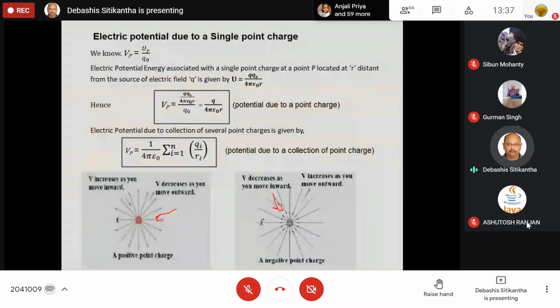That means if I have a point P at this point and another one Q over here, naturally P is going to have more potential than Q. That means your Vp is going to be more than your Vq in the case of a positive charge. And if it is a negative one, then the opposite is going to happen. Your Vp will be less than your Vq in the case of a negative point charge or negatively charged body.